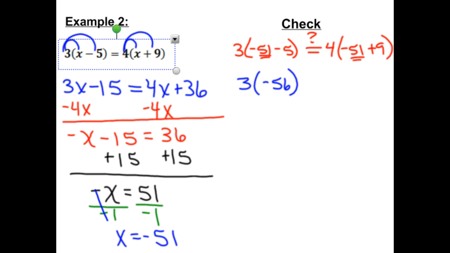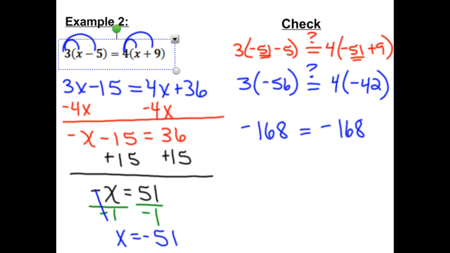We're going to multiply that by 3. And on the other side of the equation, inside the parentheses, we're going to get a negative 42. So 3 times negative 56 will be a negative 168. And 4 times negative 42 will also be negative 168. So we get equality, which means x does in fact equal negative 51.